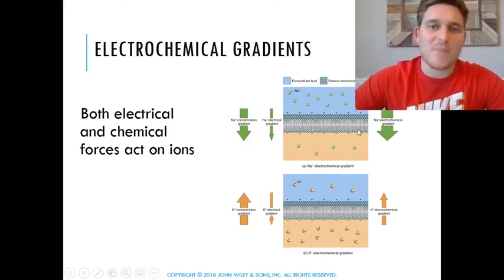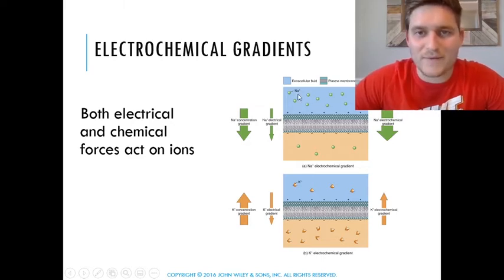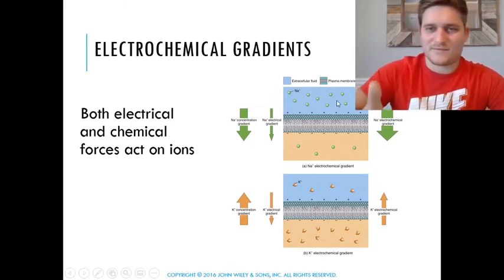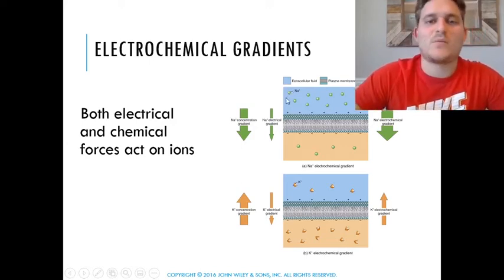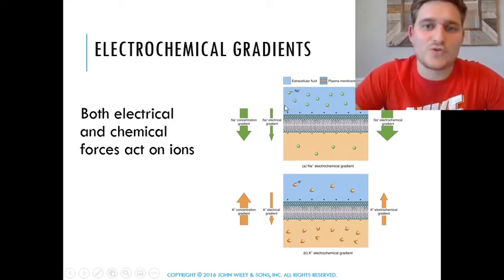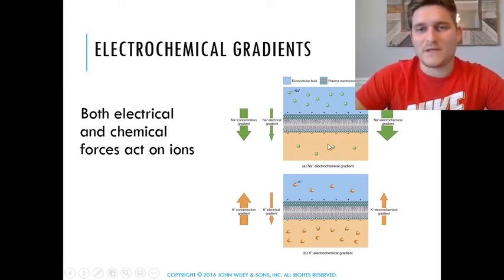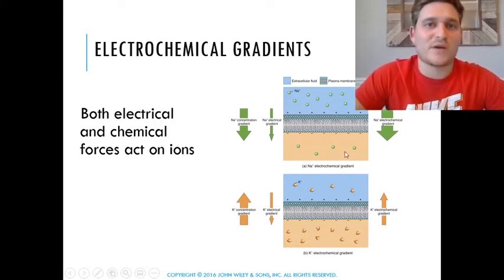Let's say we had a membrane, and I'm pulling up a slightly different example than what's shown here, but on one side of the membrane we had 100 ions of sodium, and on the inside of the membrane we had 0.